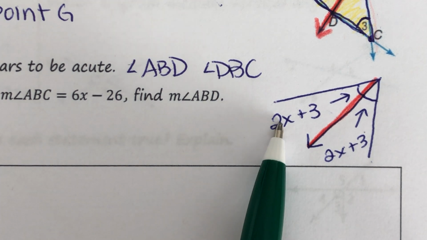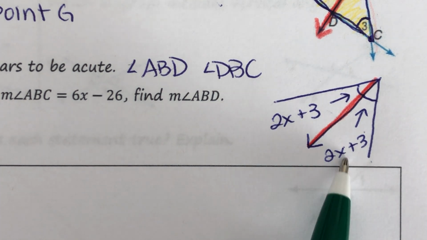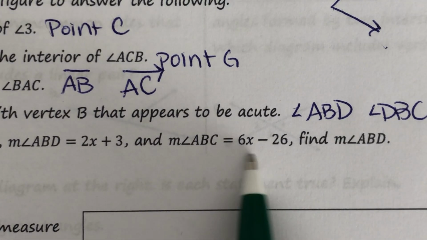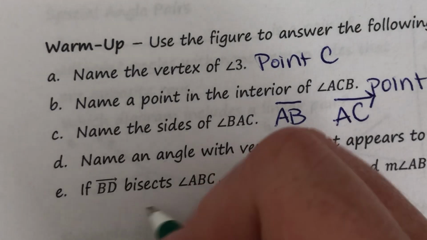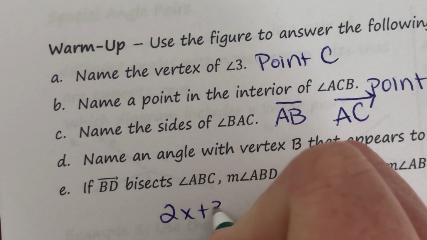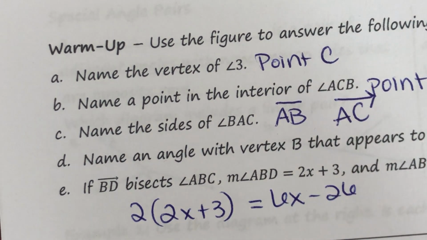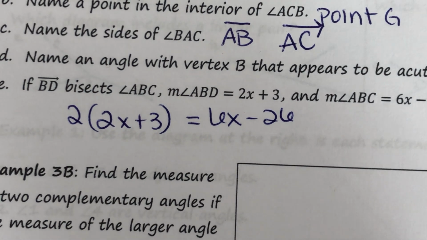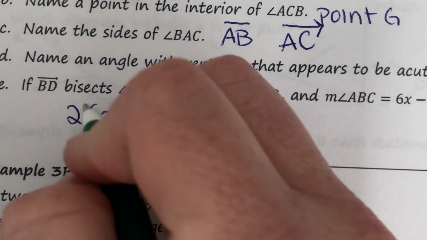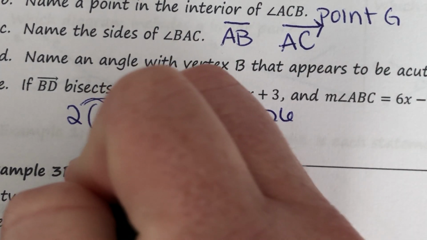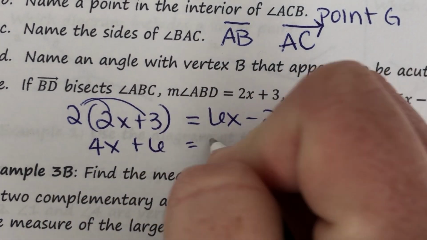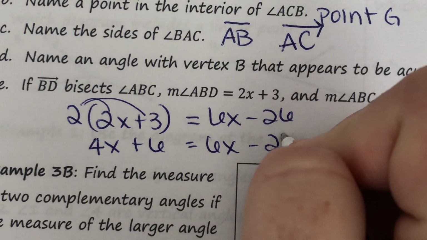So I'm going to say 2x plus 3 plus 2x plus 3 equals the whole thing, 6x minus 26. So 2x plus 3, and there's 2 of those, is equal to the whole thing, which is 6x minus 26. And now I'm just going to use algebra to solve, right? I got 4x when I distribute. 4x plus 6 equals 6x minus 26.